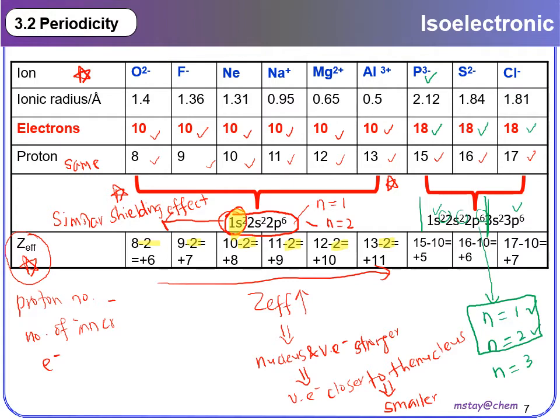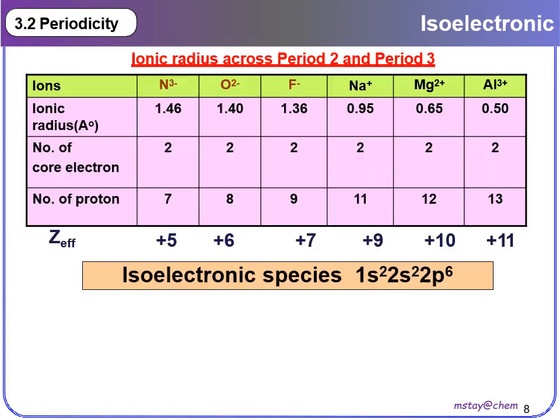You will notice for these three examples, we minus 10, and minus 10. At the same time, we also notice the effective nuclear charge increases. Similar explanation will be used, but maybe later in your explanation, you have to include the species given in the questions.